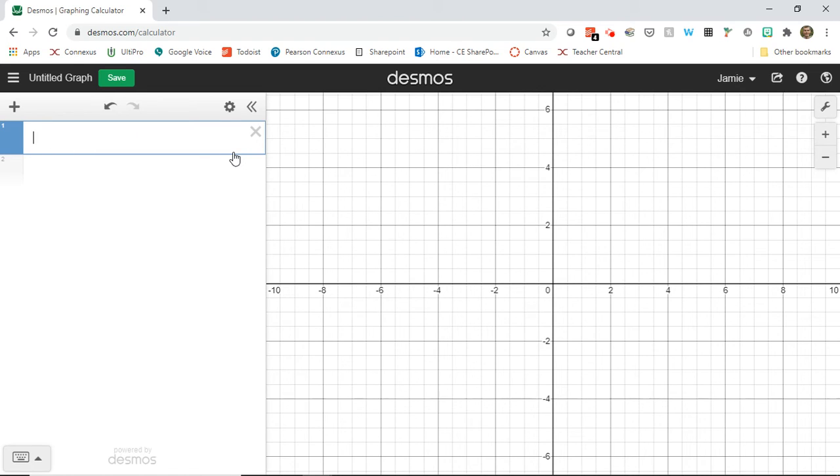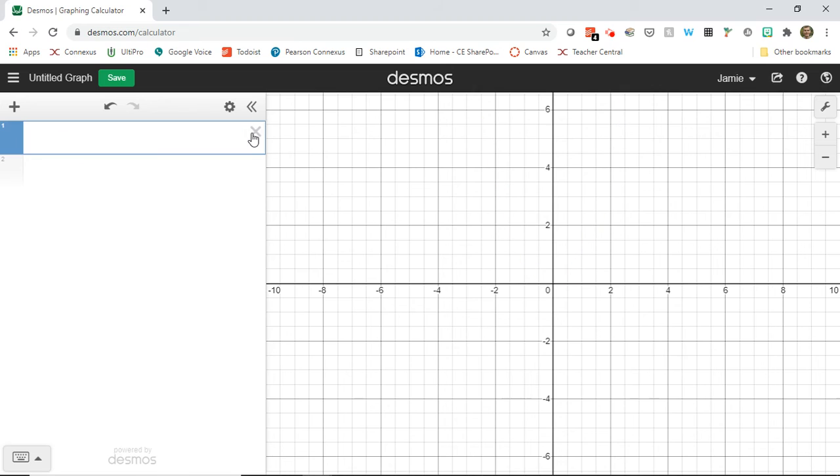If I know that my function is y equals x squared, to make the square I'm going to use the little caret, which is at shift 6. As soon as I type that in, it's going to draw the graph of that function.